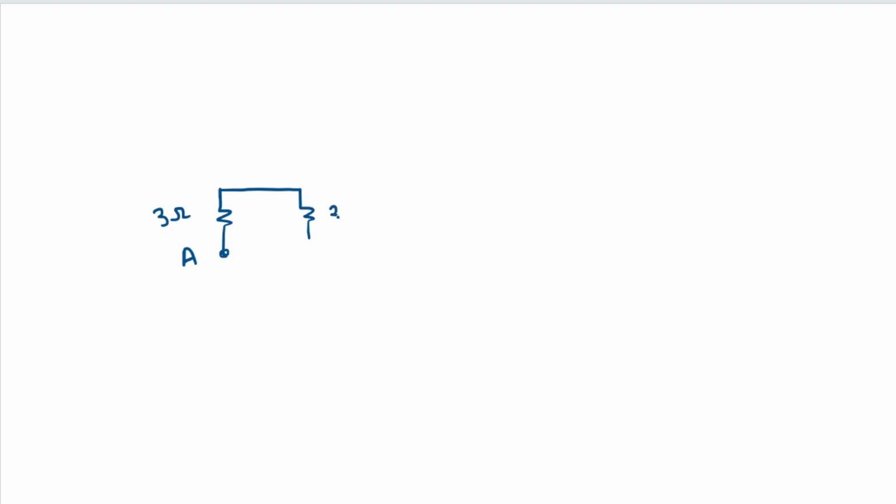Then I have a 3 ohm resistor connected to node B. Apart from that, I have a 12 ohm resistor connected in parallel, and another 12 ohm resistor connected in parallel. So now this circuit has become pretty simple to solve, right?